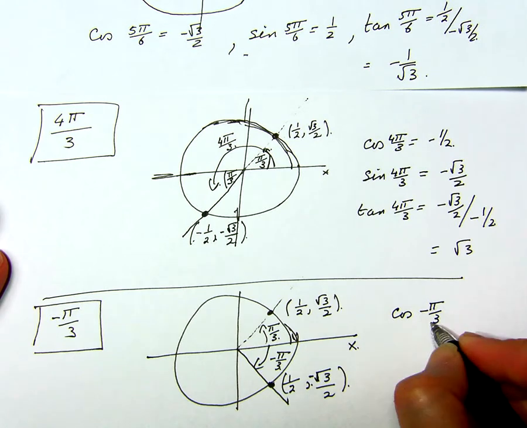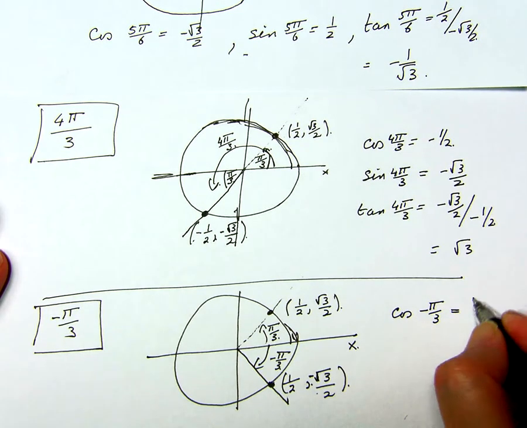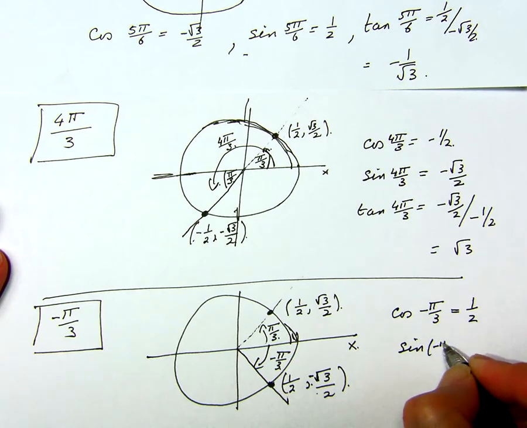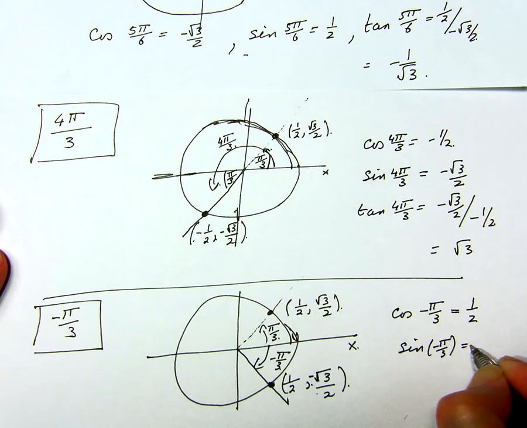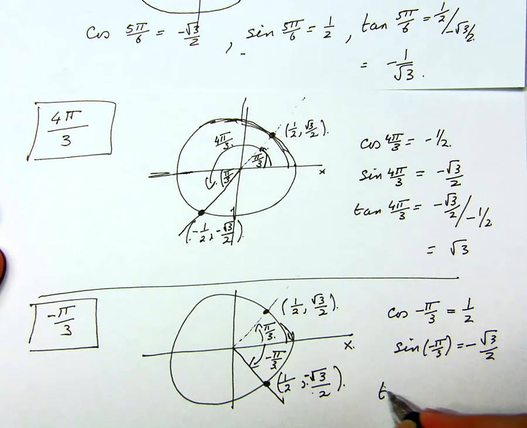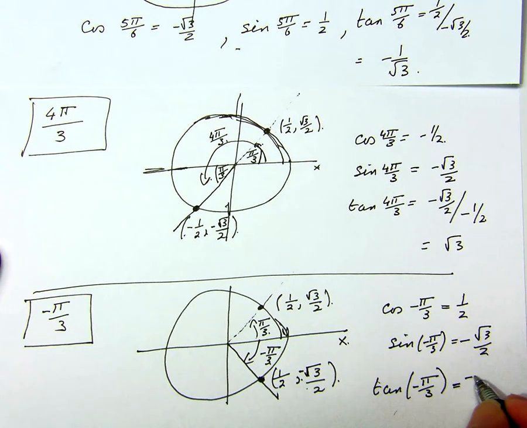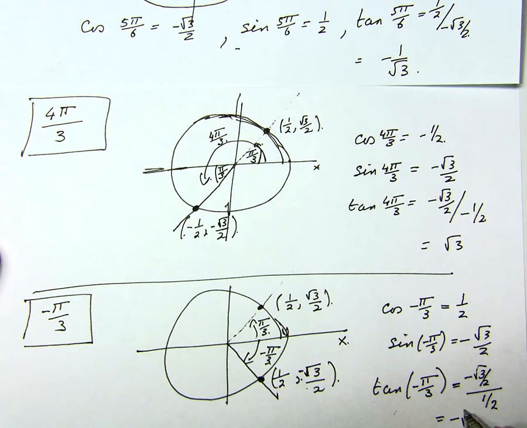Cosine of negative pi over 3 is the x-coordinate there, it's 1/2. Sine of negative pi over 3 is the y-coordinate, that's negative root 3 over 2. And tangent of negative pi over 3 is sine over cosine, which is negative root 3 over 2 all over 1/2, and that's just negative root 3.